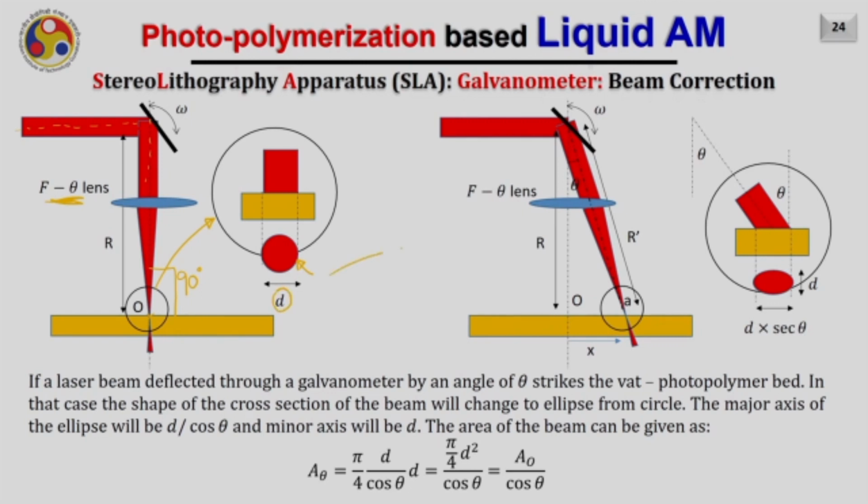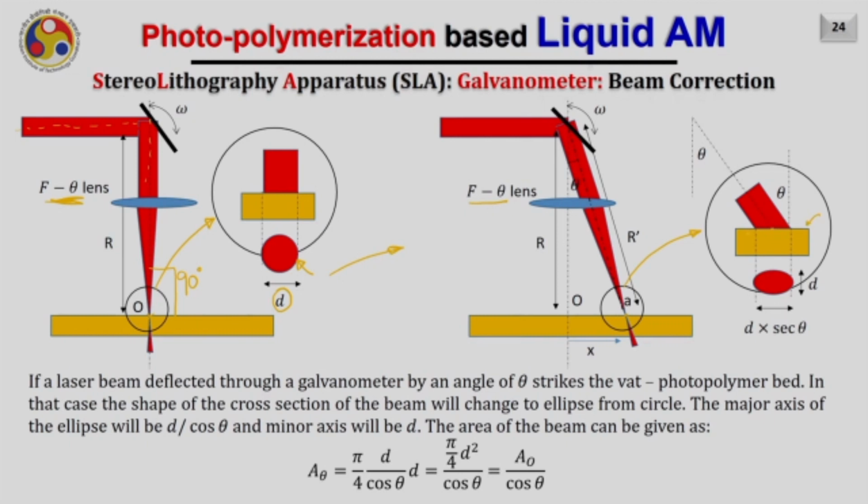But now let me consider the case when the laser beam is striking at an angle. By utilizing the f theta lens, you are definitely getting the focal point at this particular surface only. But if I zoom in here, you will see it like this. The laser beam is striking at an angle. Now, although the focal point is here, it is not in this plane.